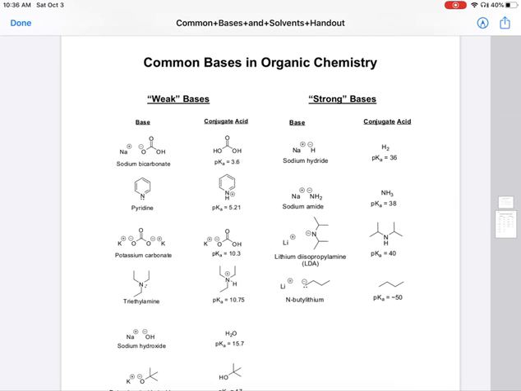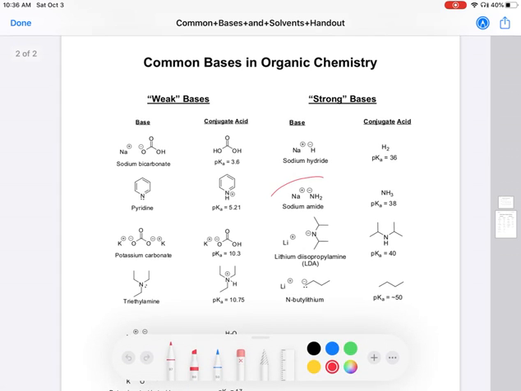Okay. So the common one that we've been using is NH2. So this will usually come as an ionic compound, so sodium amide. And again, the pKa of the conjugate acid is 38.